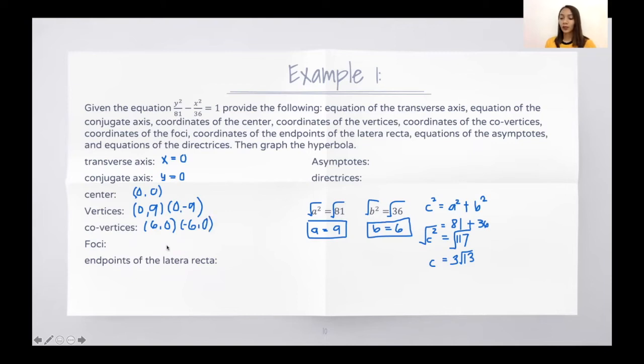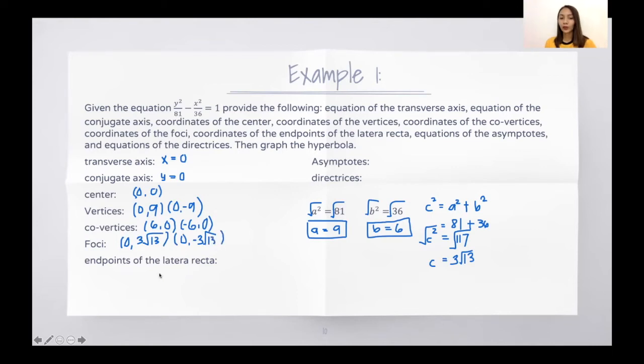To find the coordinates of the foci, we have 0, positive, negative, c. The value of c is 3 times the square root of 13, so 0, positive 3 square root of 13, and 0, negative 3 square root of 13.